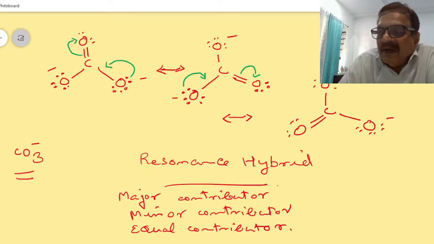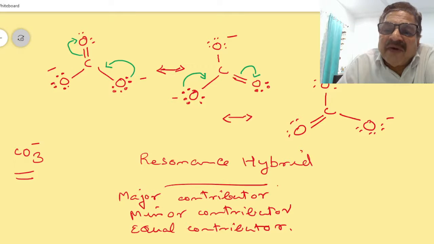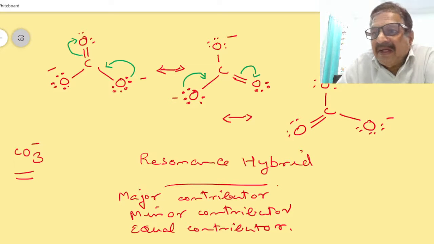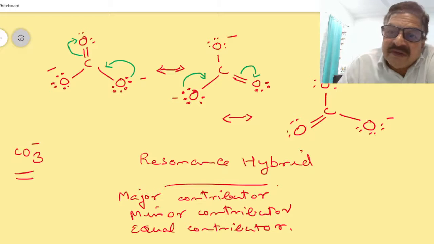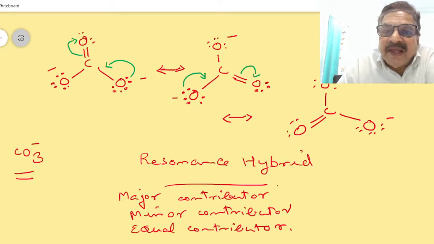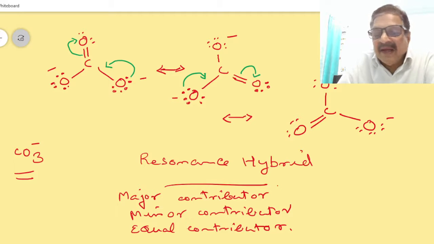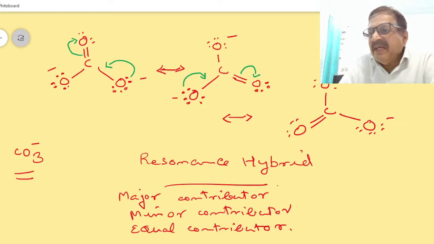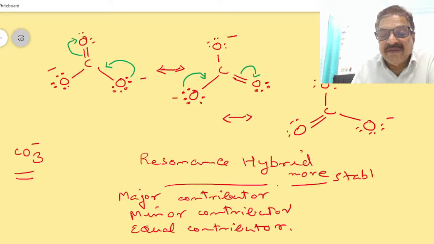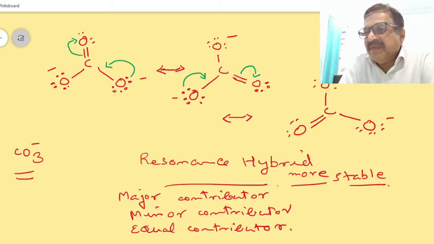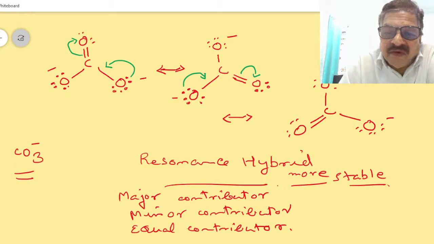Now, the resonance hybrid is more stable than any individual resonance structure because there is delocalization of electron density over a large volume.